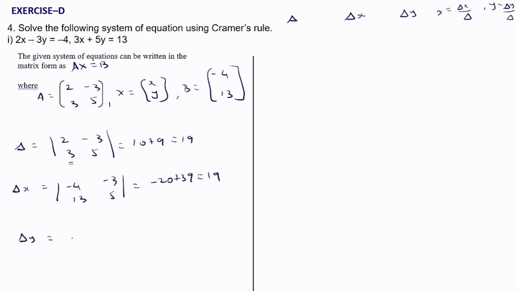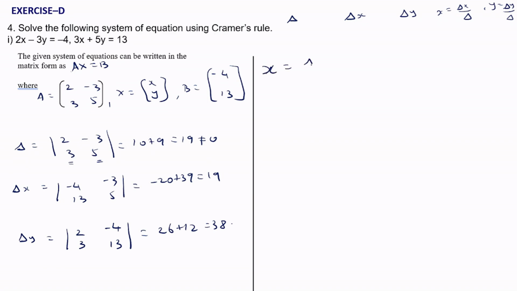Then delta y is 2, 3, replacing the coefficients of y with the constants, minus 4, 13. So this is 26 plus 12, which is 38. So now using x as delta x by delta and y as delta y by delta, here since this delta is not equal to 0, the given system of equations is consistent and has a unique solution.